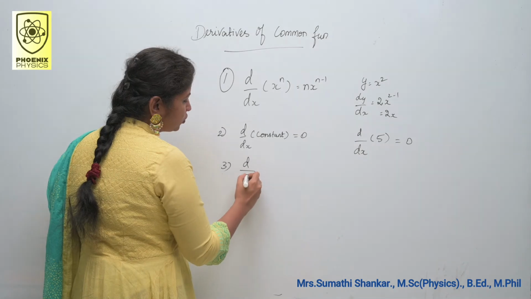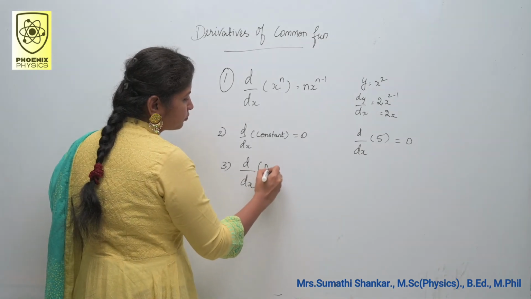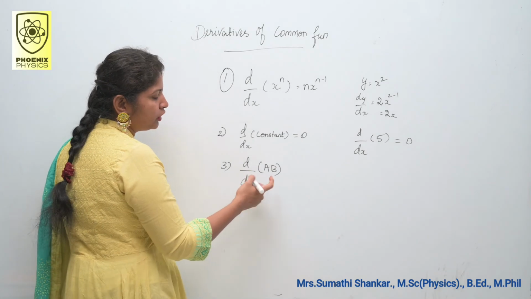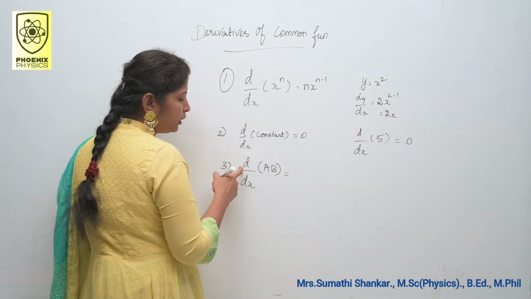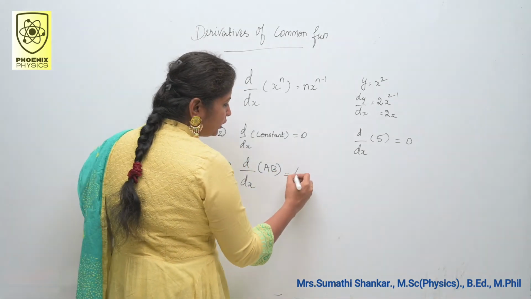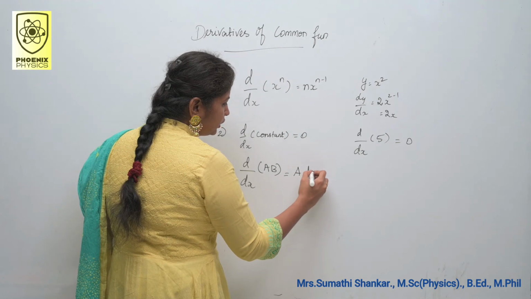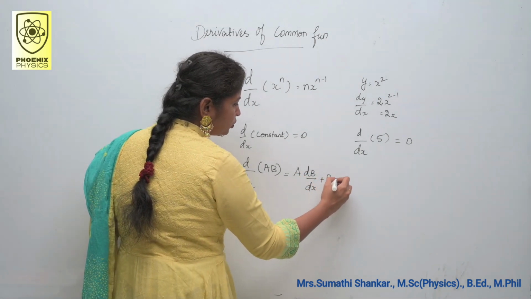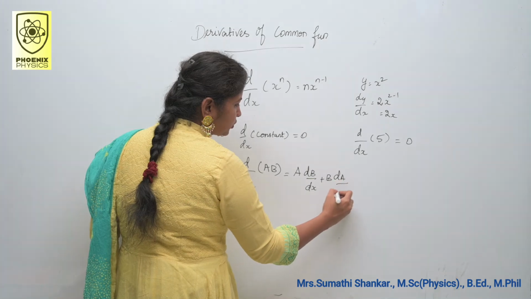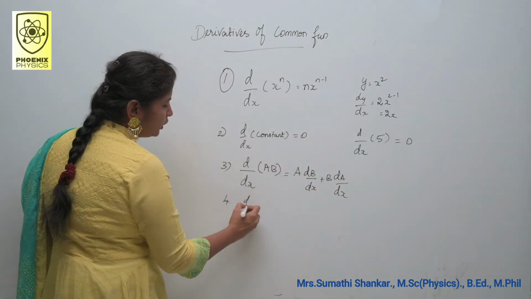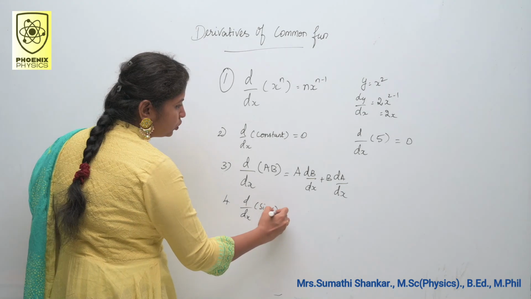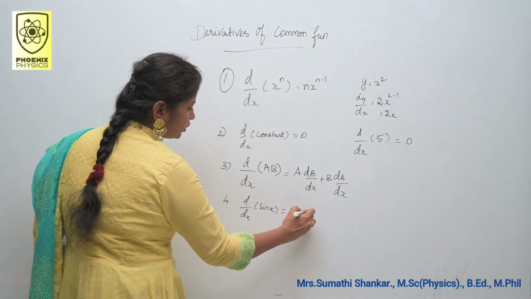d by dx of ab, a and b, okay, how do you find the formula? d by dx of ab means a into db by dx plus b into da by dx. This is one formula. d by dx of sin x is equal to cos x.